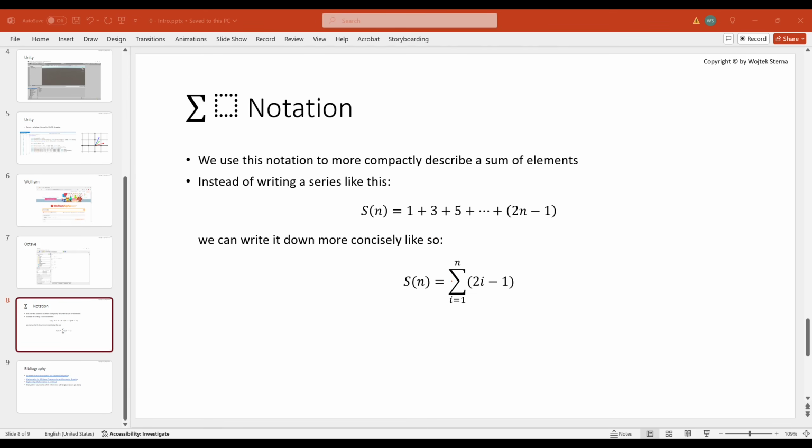Note that this n up here in this sum operator notation is not the count of iterations, but the end value for i.